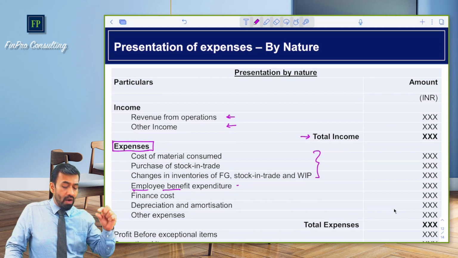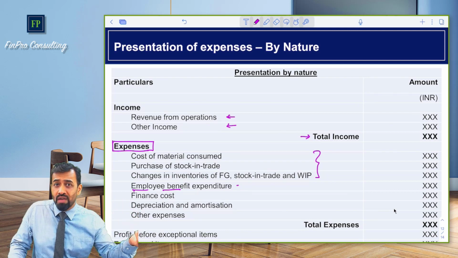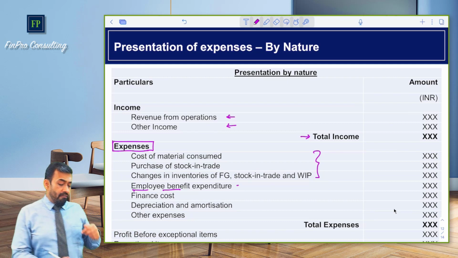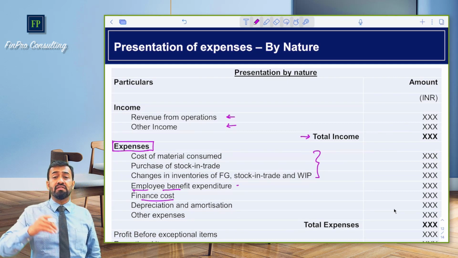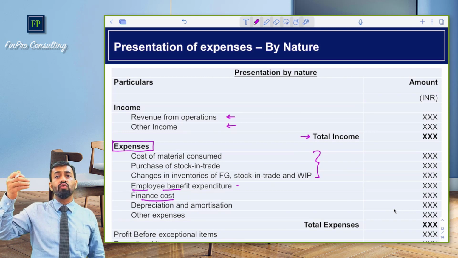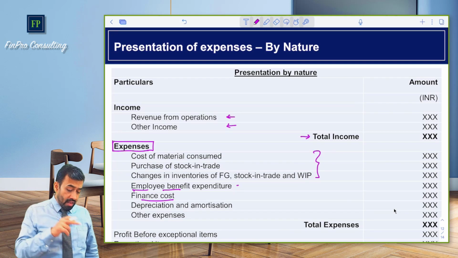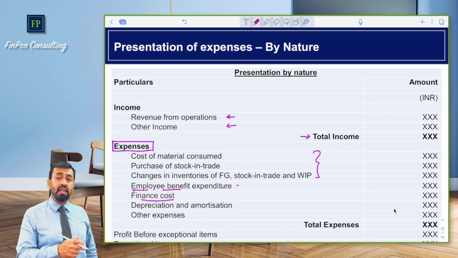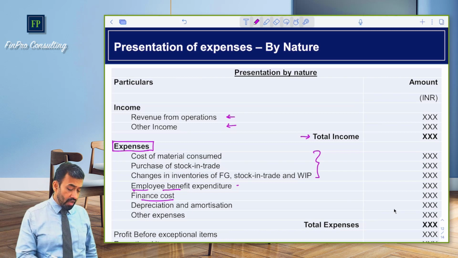All their salary will be clubbed under one single heading by its nature of payment. What is the type of payment? Employee benefit expenditure. Finance costs, any type of finance cost, whether those funds have been utilized for production, administration or research and development, will appear as a single heading by its nature of expenditure.